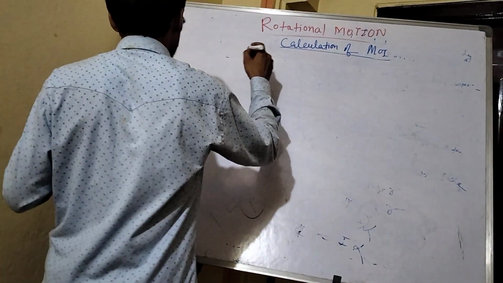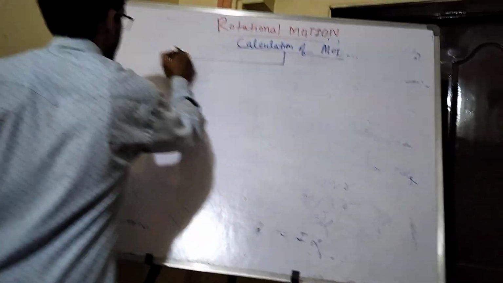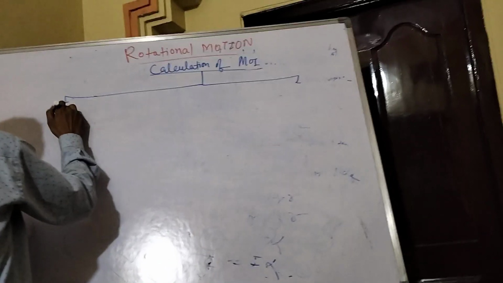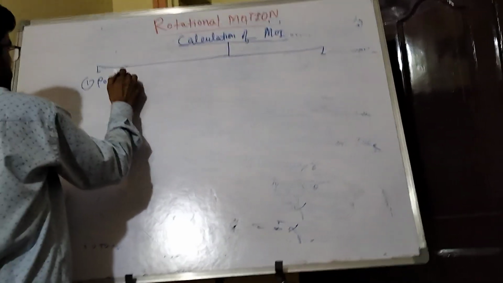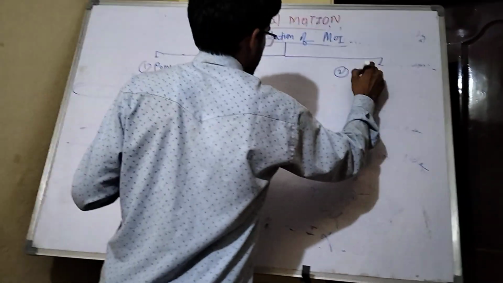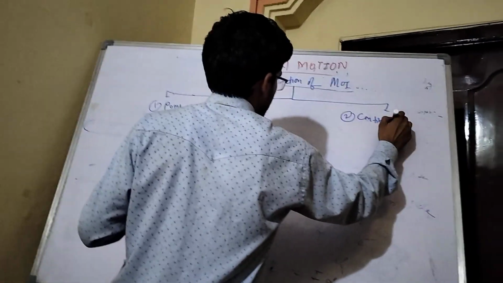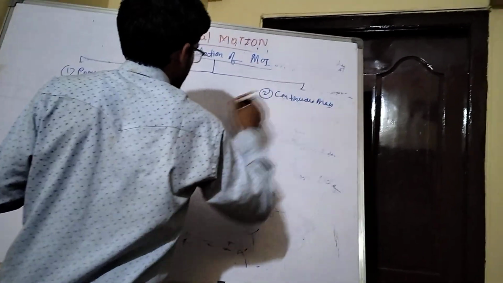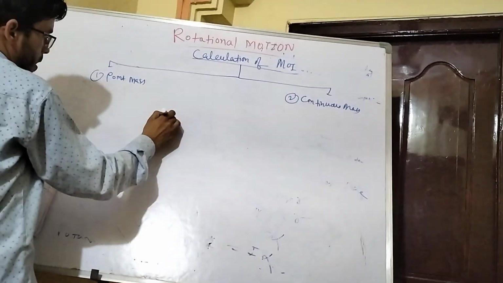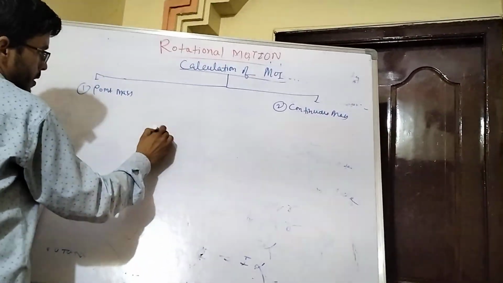There are two types of particle present in this world actually: first is point mass, and second is continuous mass.